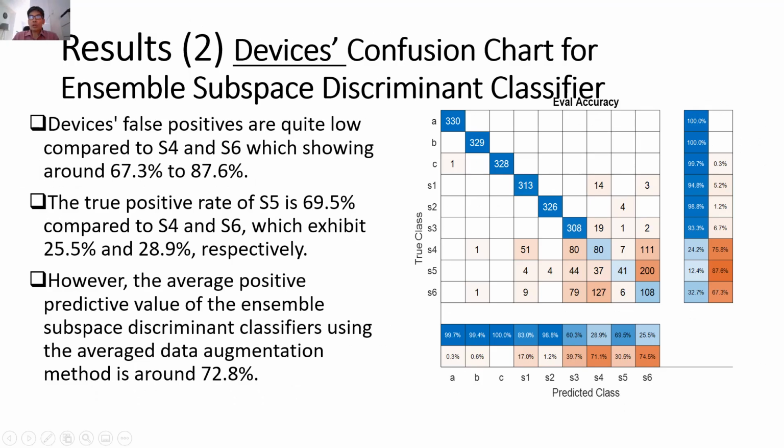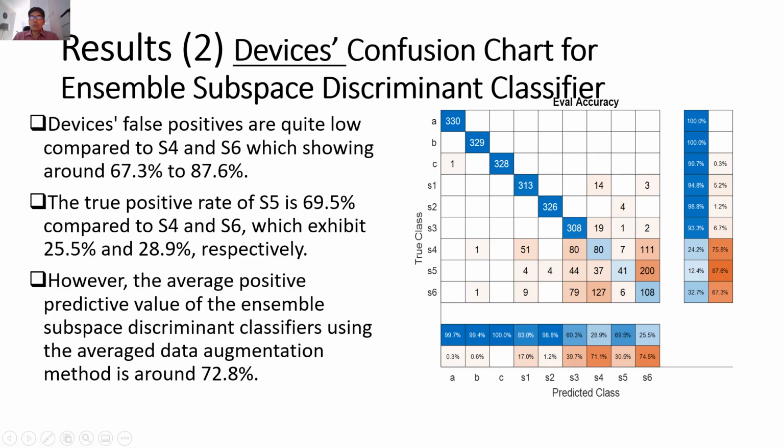For result 2, we look at the device classification results, and this is the confusion chart for our proposed ensemble subspace discriminant classifier.